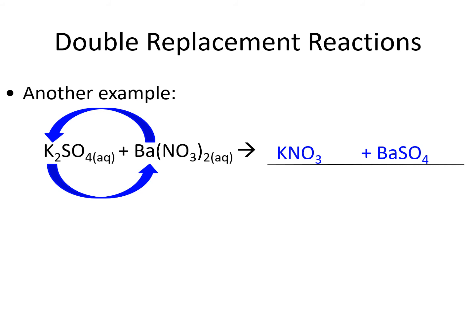The K is a +1 and the nitrate's a -1, so that is a neutral formula. The barium is a +2 and the sulfate's a -2, and so that's a neutral formula. We will need to balance this, but before we do, let's go and check and see if one of these is insoluble.